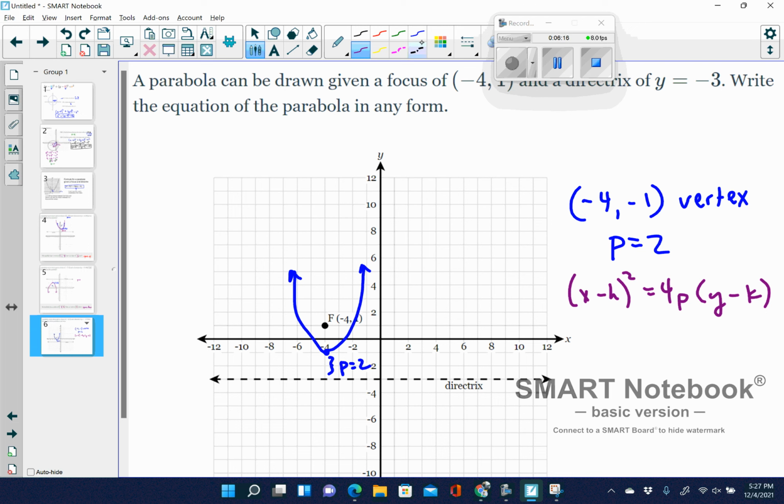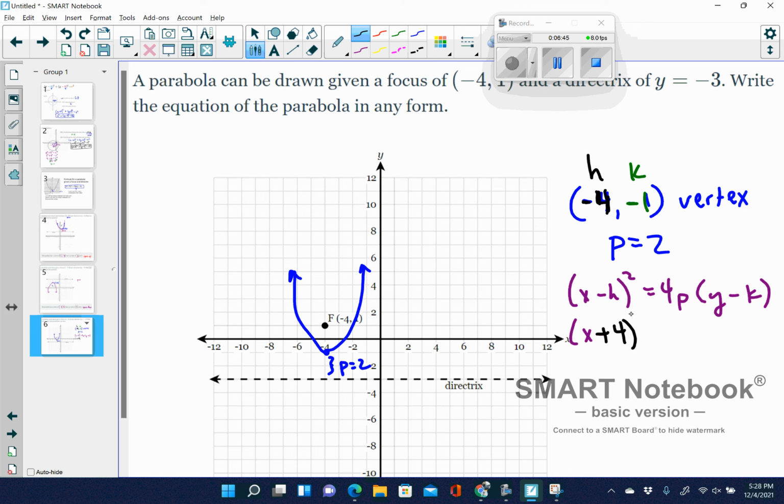So I'm going to go ahead and just show you what I mean by this, okay? The first number right here, -4, is my h. The second number, which I'm going to put in green, -1, is my k. So I'm just going to substitute values in. Over here, I'm going to have x minus a -4. So negative negative is going to make that become a positive, just like in equations of circles.